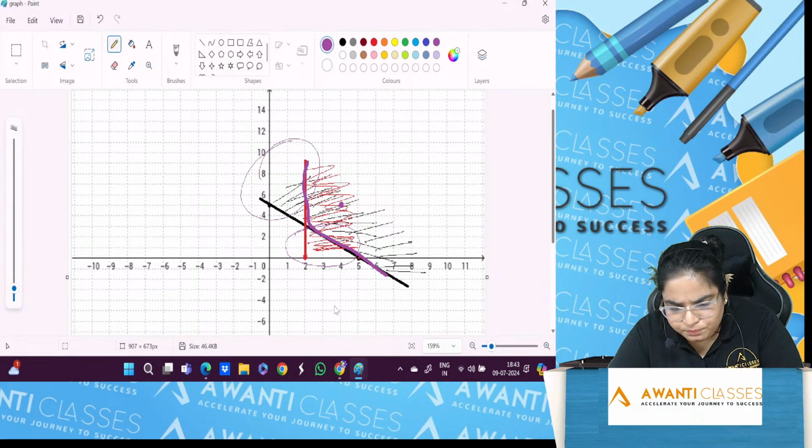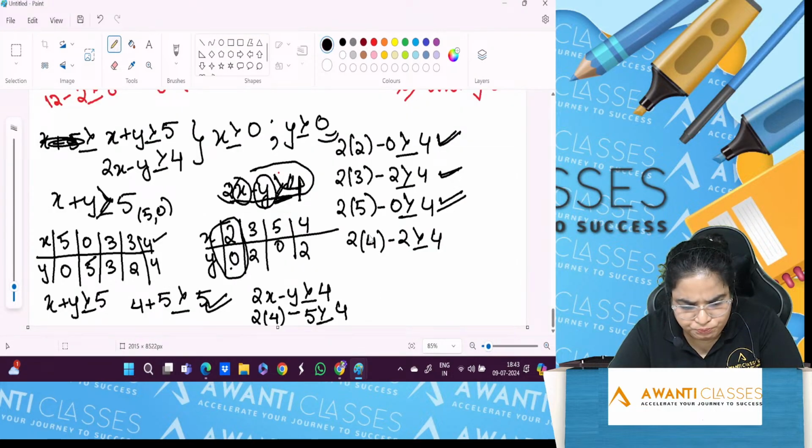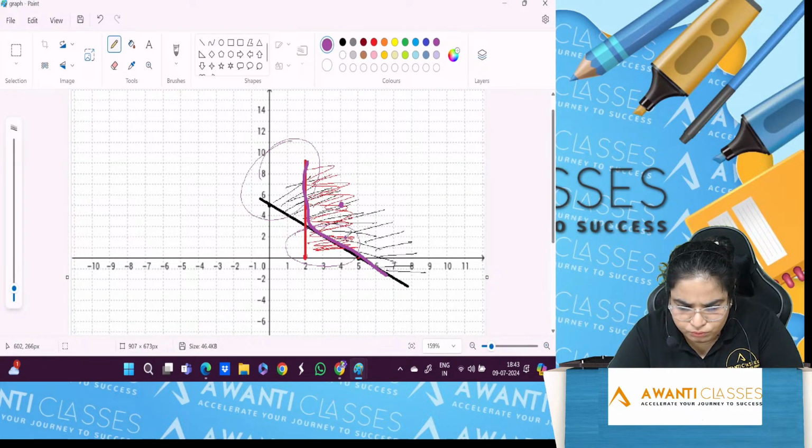What's happening? Sorry, is there something wrong with the graph? Did we shade the wrong area by any chance with the red one? No, no. It should work, no?